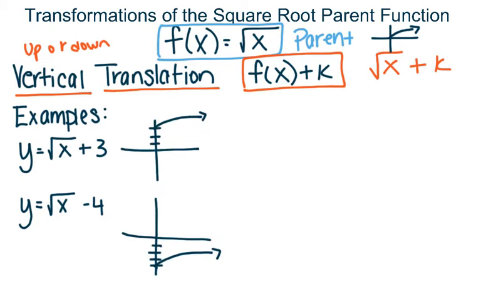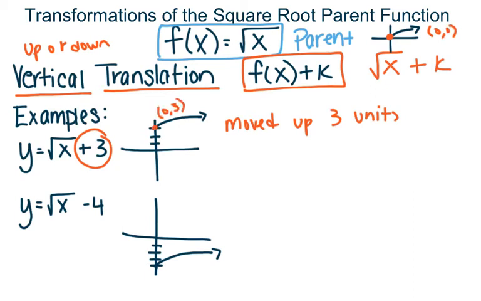Alright, so when you added this 3 outside, it moved the graph up 3 units. And if you have a hard time telling, right here we started at 0, 0, and this graph starts at 0, 3. That's how we know it moved up 3 units.